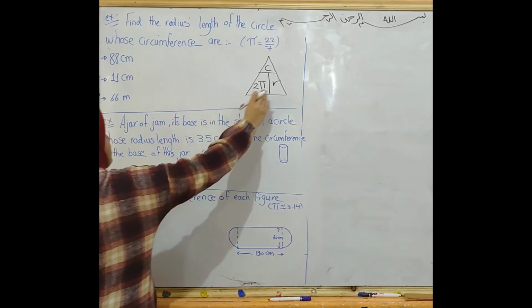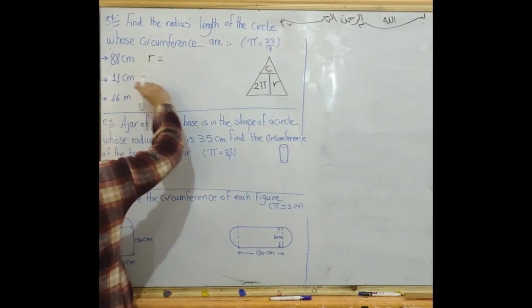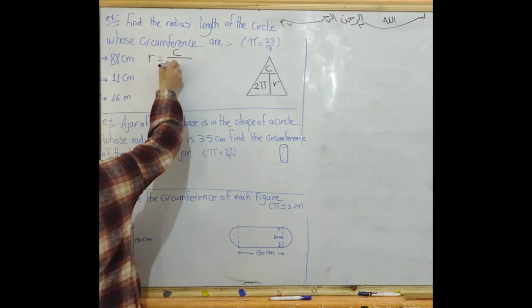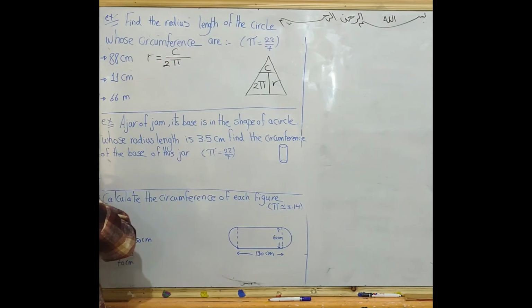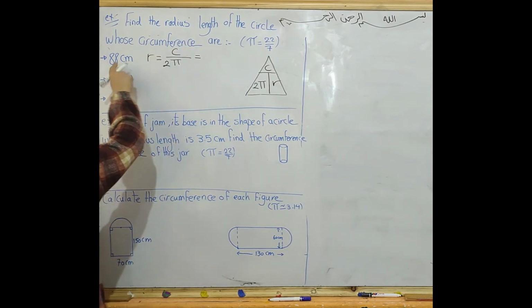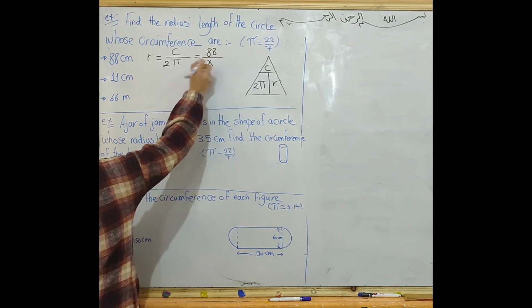To find the radius of any circle, we get this rule: radius equals the circumference of the circle over 2 pi, which is 88 centimeters over 2 multiplied by pi.